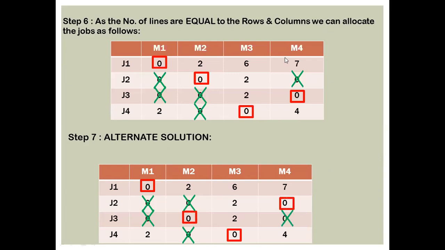So these are your 2 alternate solutions, and if you do any one out of this, both will be considered as correct. So I hope the logic is clear. In each row and each column, you can have only one allocation. You cannot repeat the boxes, or you cannot have 2 boxes in one row or in one column. So while allocation, keep this thing in mind.